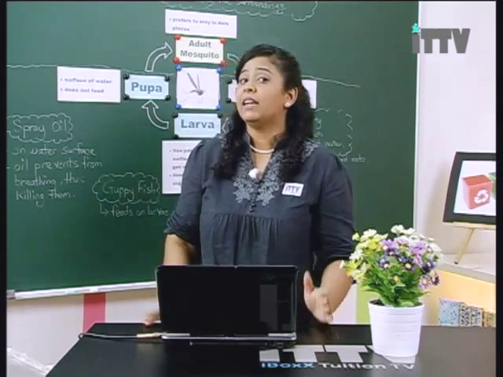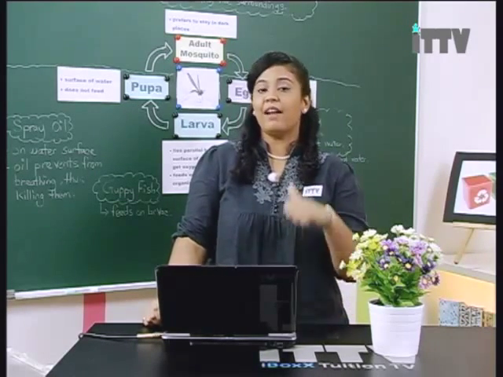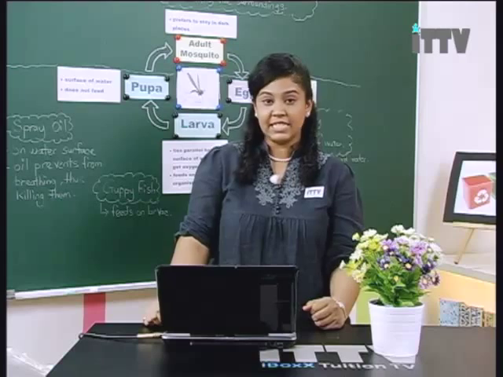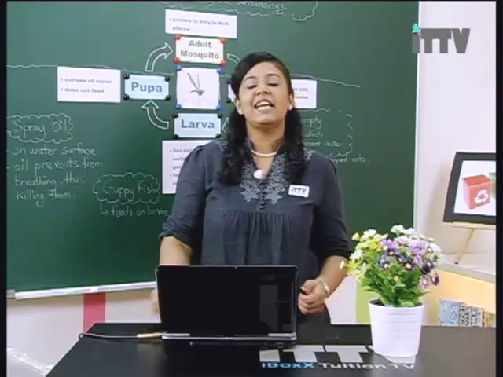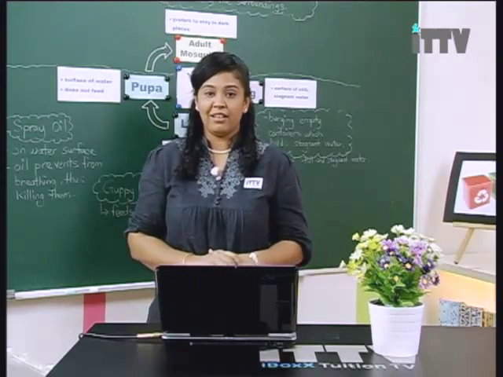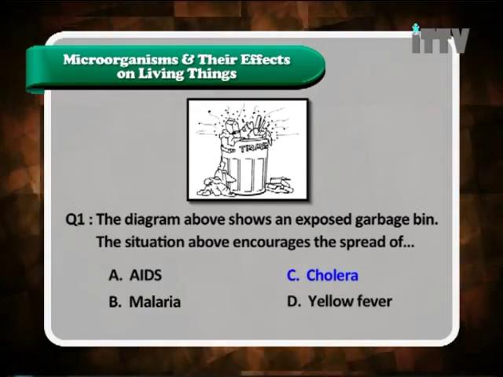So we understand garbage bin attracts flies, and flies actually carry diseases like, come on, think it. Yes, the answer is cholera. So therefore, the answer here is C, cholera.